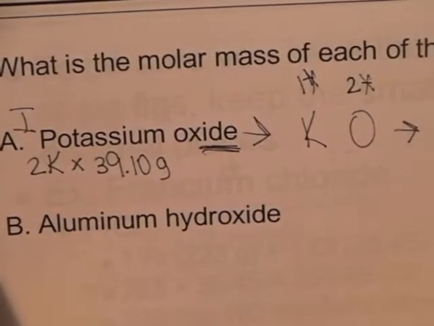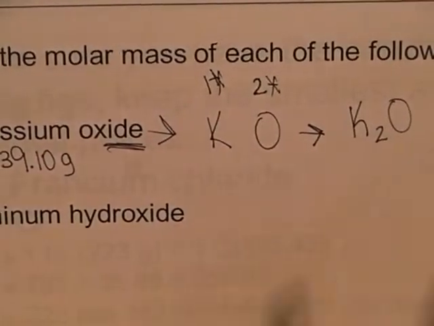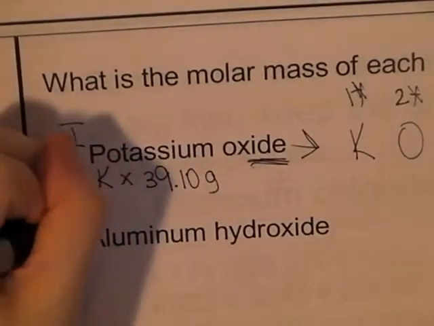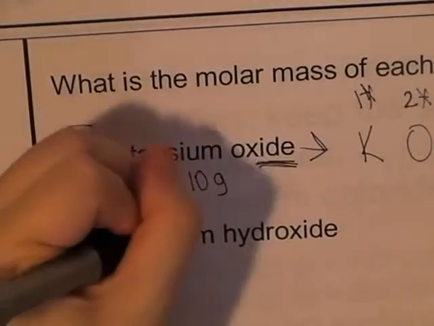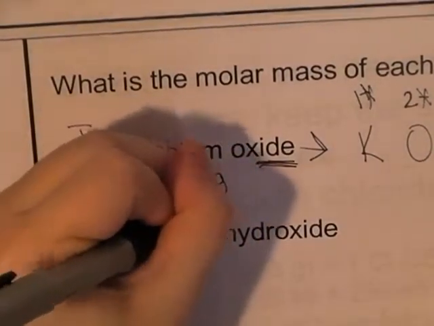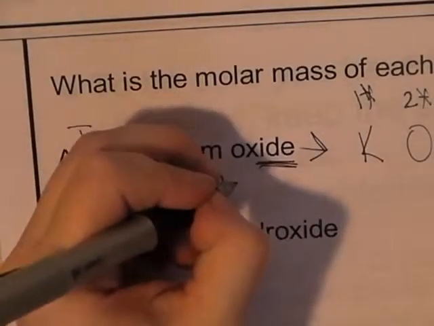So next one, how many oxygens do we have to account for? Just 1, right? So it's 1 oxygen times, and what's the mass of oxygen? It is 16.00 grams. Good.